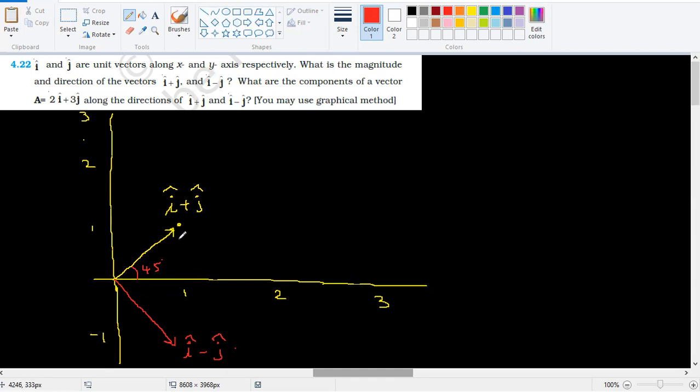Whenever x and y are the same, it will be tan 45 because tan 45 is 1. y by x becomes 1. Similarly, this will also be 45 degrees. Magnitude, anybody? It will be 1 squared plus 1 squared, so root 2. Same thing over here, root 2.